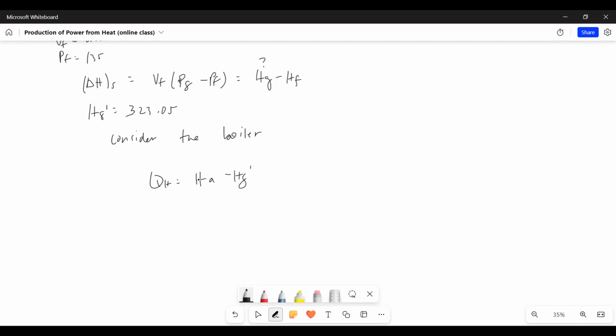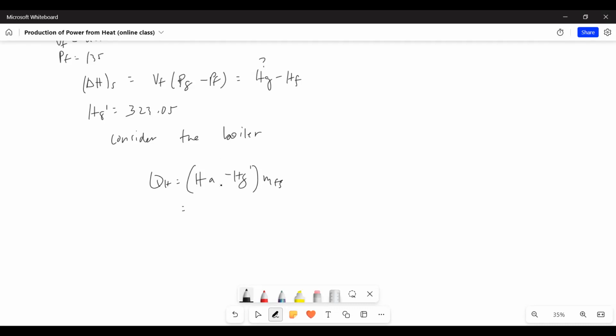We need the mass of flowing stream here, because we need QH as a rate, per second, not per pound mass. We can also convert this value to kilowatts. Then we can solve for the thermal efficiency.